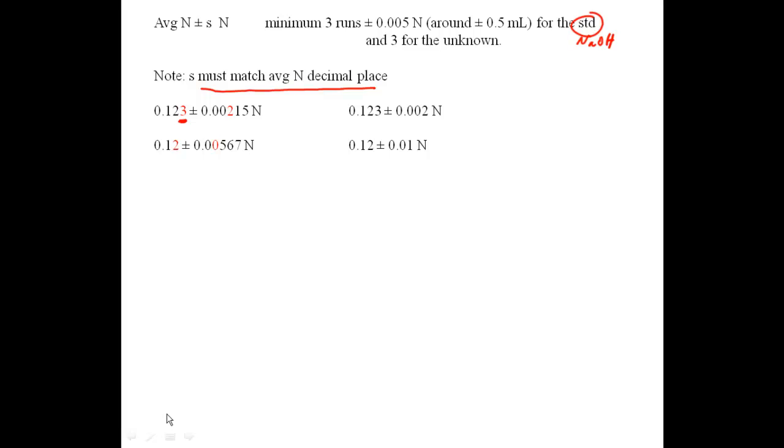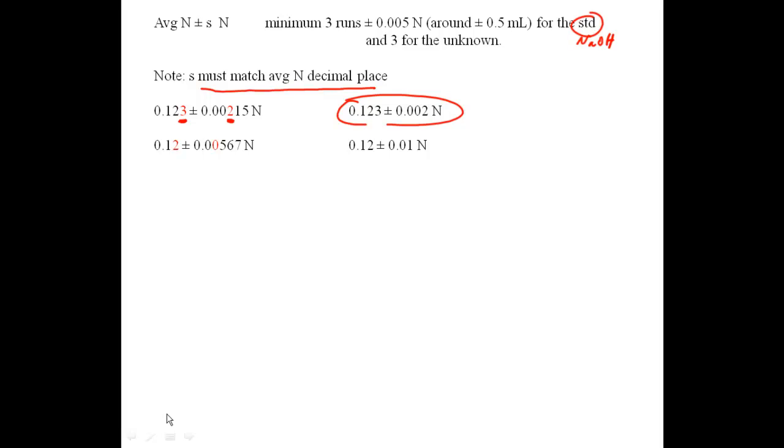Therefore, I can only be as accurate on my error as I am on my measured value. It has to stop at my thousandths place as well. So I would report this number as 0.123 plus or minus 0.002 normality. Realize that the standard deviation has a unit as well, so typically if you write it this way, you just put the normality at the end. That's 0.123 normality plus or minus 0.002 normality.